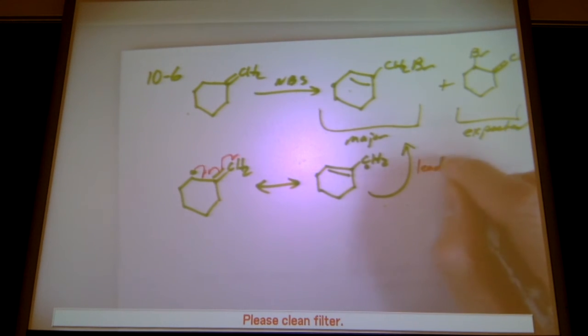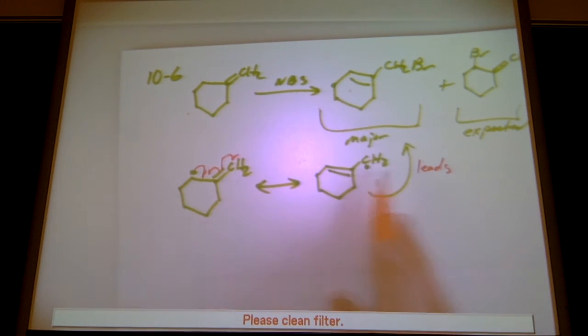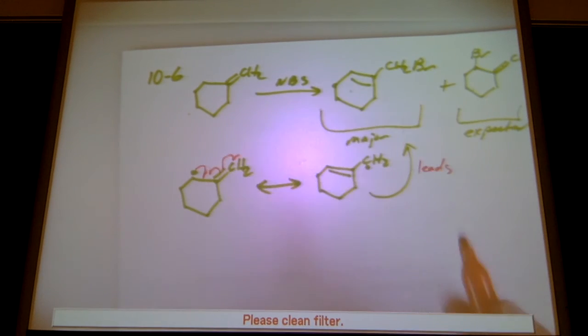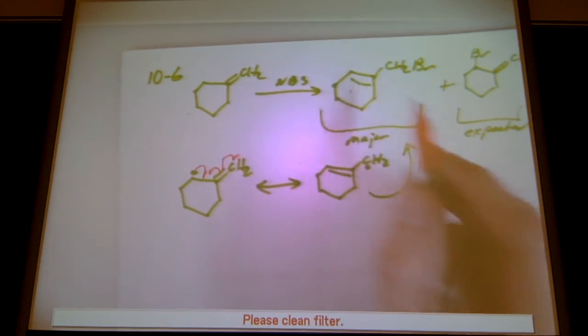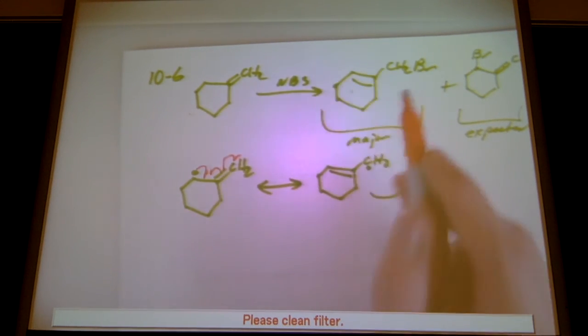So that radical is spread among two different positions, and that's why you see that as your major product. This is a more substituted alkene, more stable.